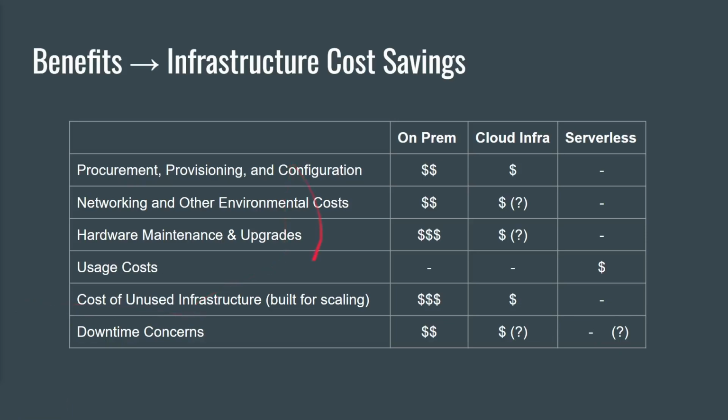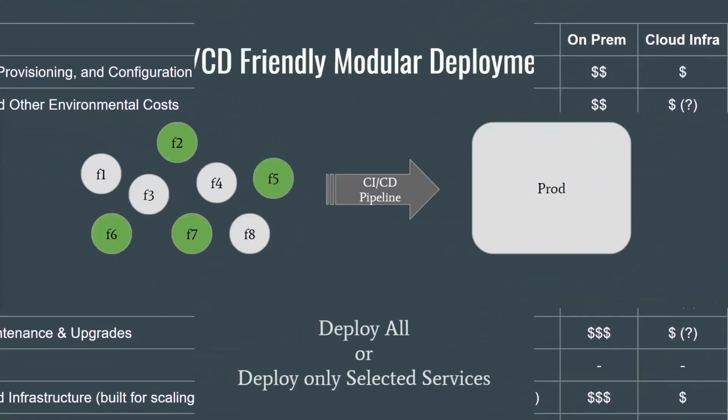And in many companies, you will have, of course, different environments, right? The dev environment, QA environment, UAT, staging, and prod, obviously. So now multiply all these costs for each of those environments and see how much cost savings you can have.